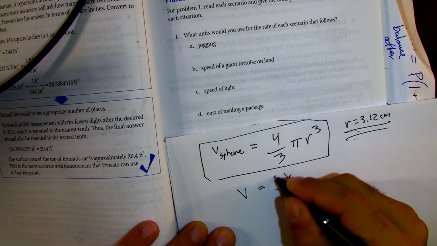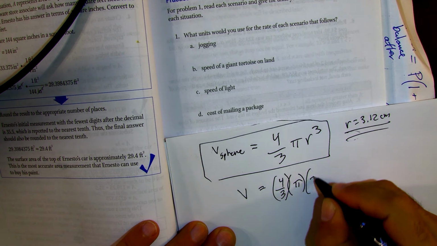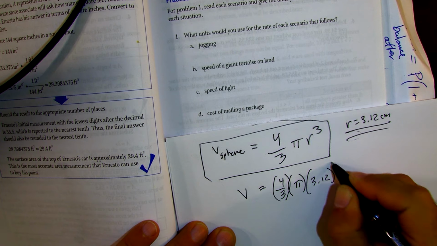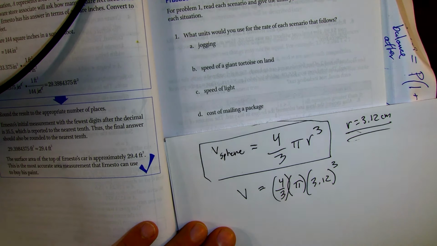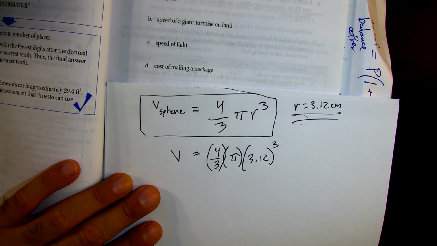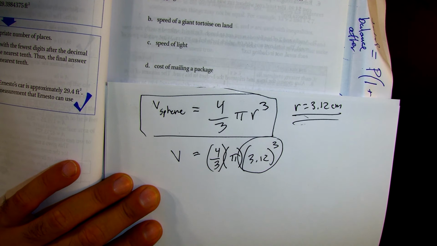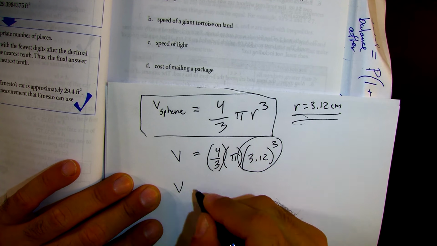Okay. So if I'm looking at that, we know that we have to apply the exponent first. That third power is only applied to the 3.12. So when I go about doing that, I'm going to get 4 over 3 times pi times whatever 3.12 raised to the third power is.